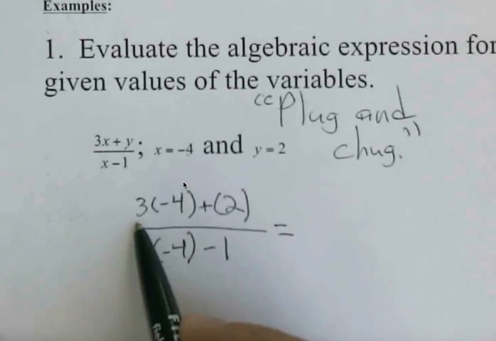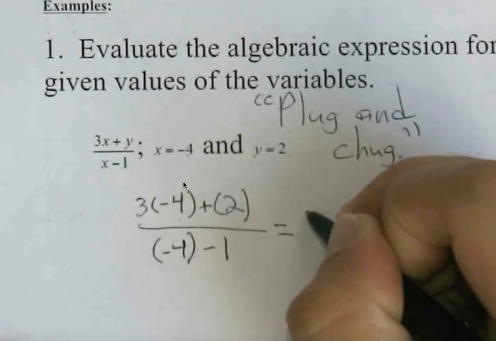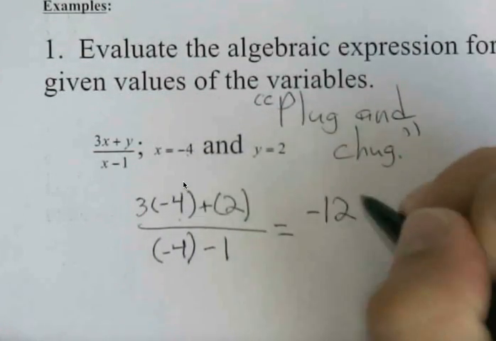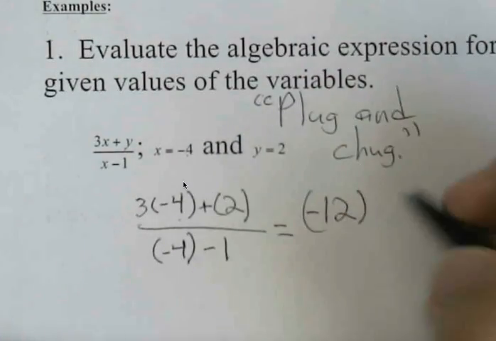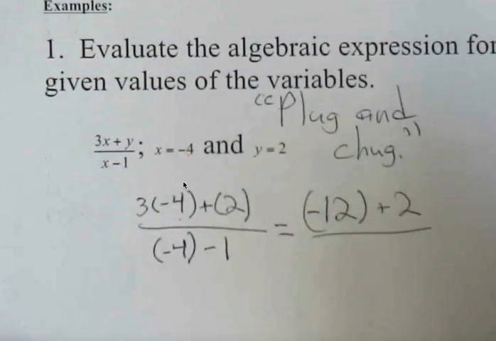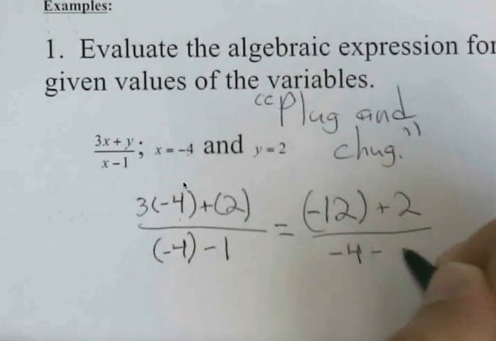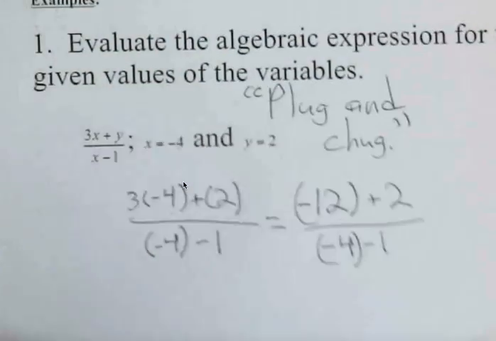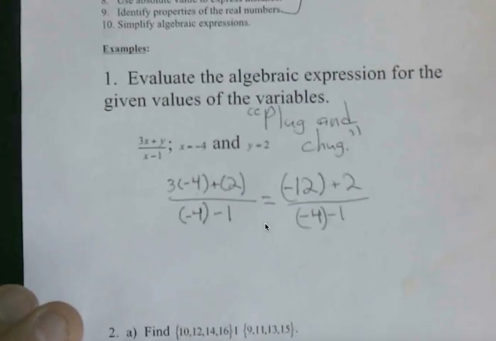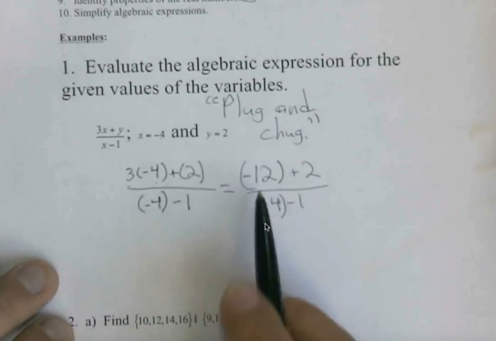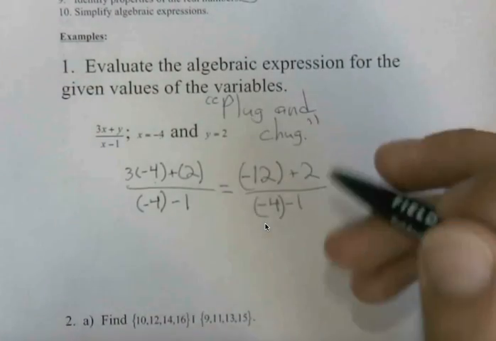So I know that 3 is multiplying with -4, so we'll rewrite that to -12. We then add on 2. We then have the -4 minus 1. I keep the negative numbers in parentheses, just makes it easier to work with. That's definitely a good technique you should hold on to.